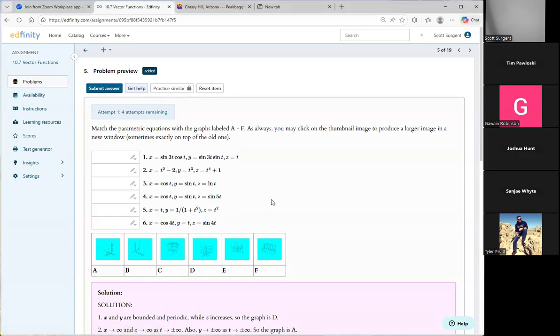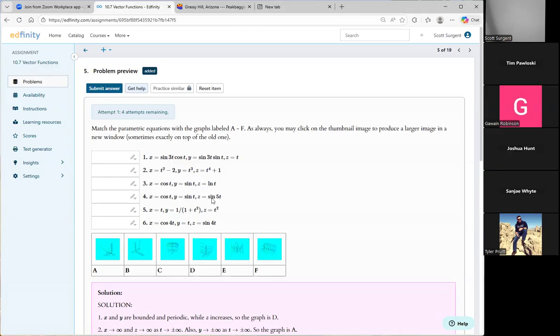Well, let me verbalize how I might approach this. For example, number four, I'll highlight number four. The X and the Y together, X is cosine, Y is sine, that's going to create a circle.